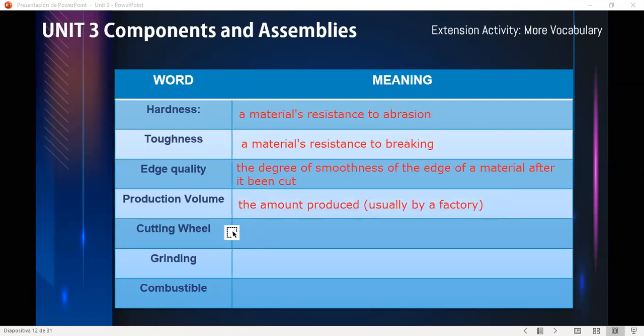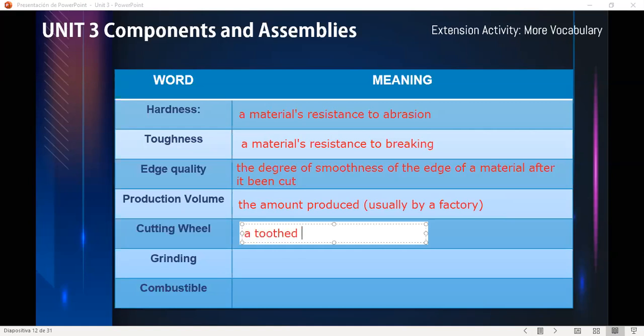Yes. Now look at the next one. It's a cutting wheel. Well, when I mention a cutting wheel, I'm thinking of a wheel with teeth cutting different materials.